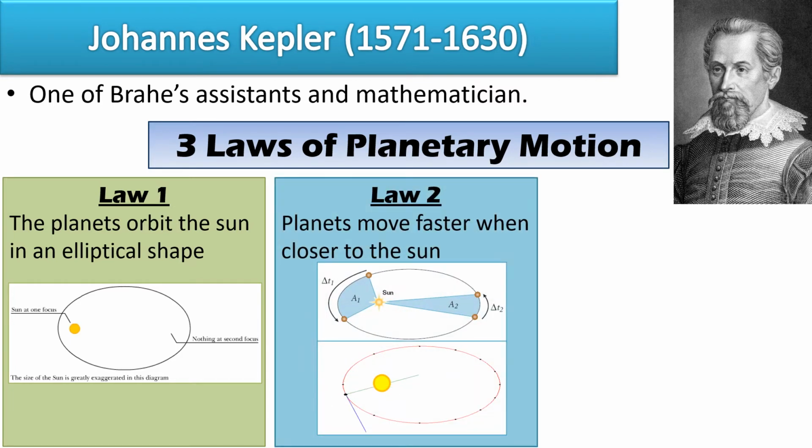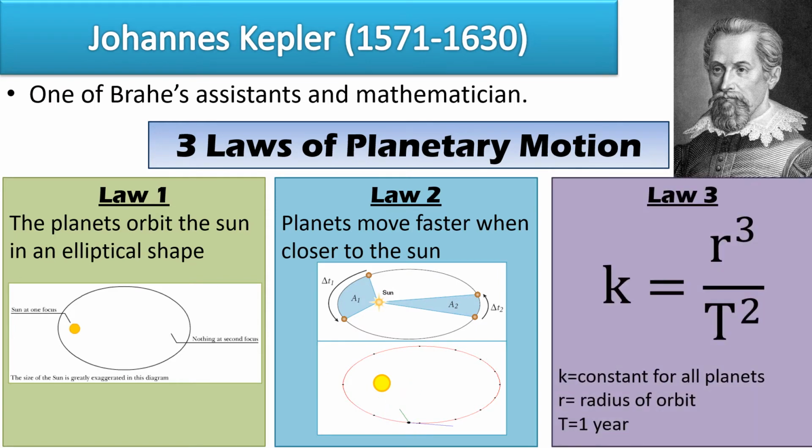Secondly, planets move faster when they get closer to the sun, as you can see in the animated GIF there. So when they're far away, the planets are moving slower, but they kind of start racing towards the sun as they get closer. And he came up with his third law, which is K equals R cubed over T squared.